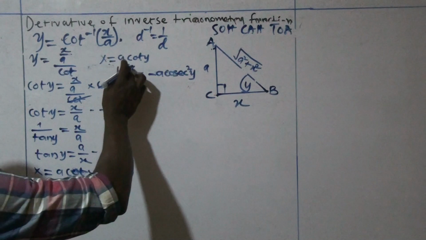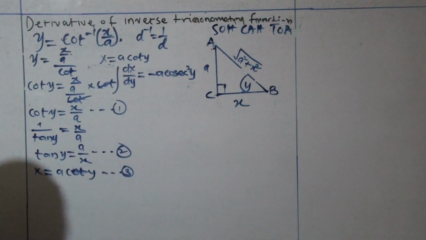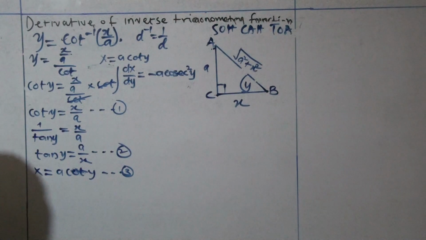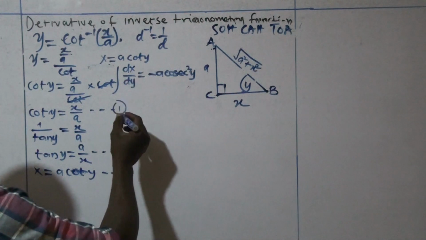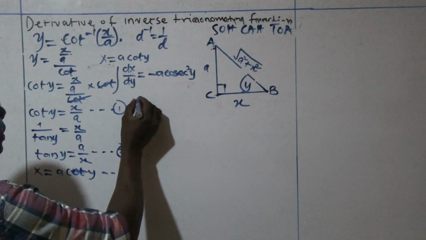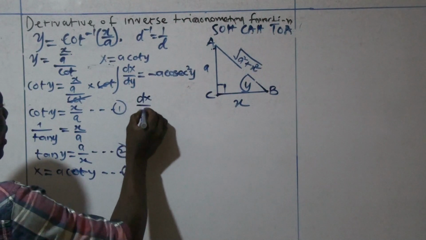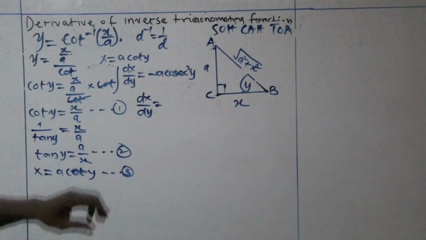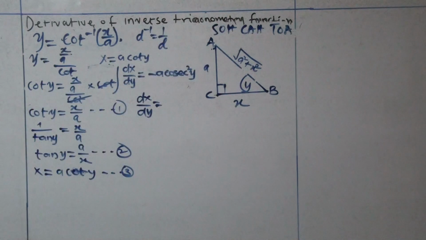Okay, dx over dy is this, and what we are looking for here is dy over dx. Then we're going to look at what cosec means in trigonometry. Cosec is 1 over sine square y.